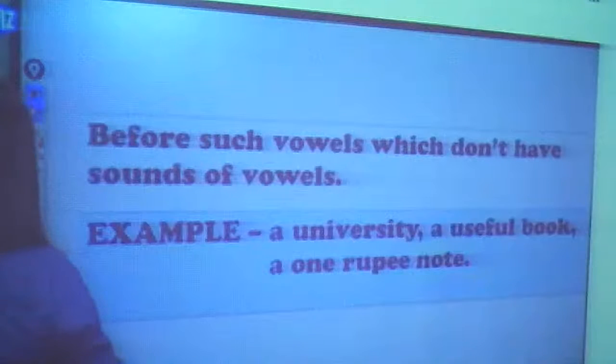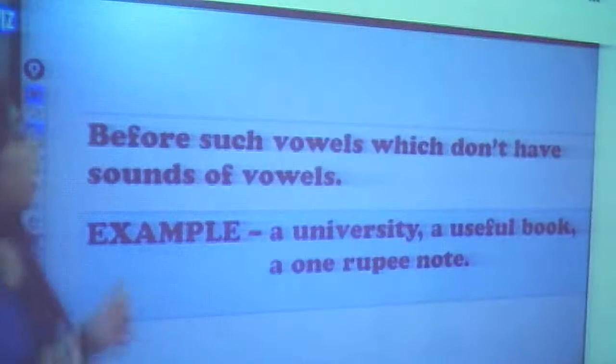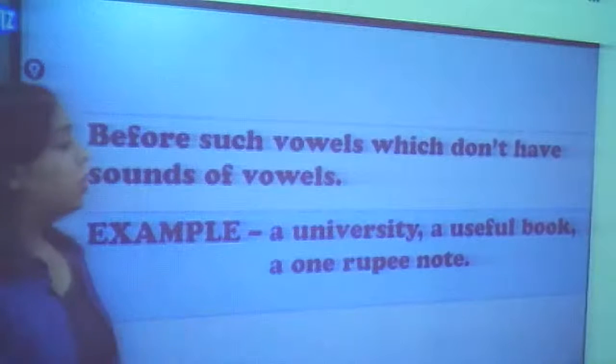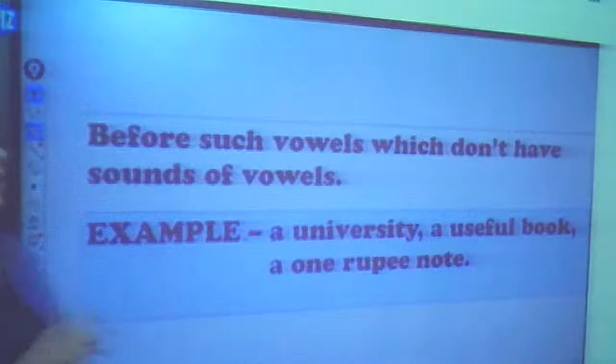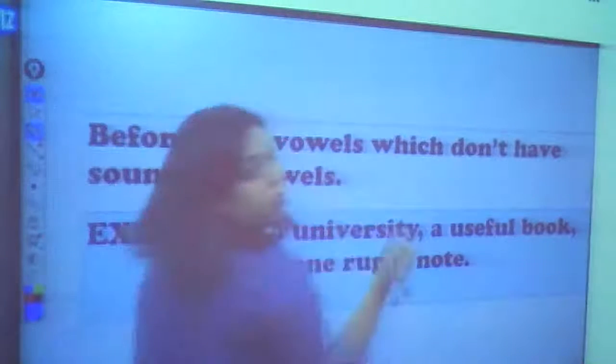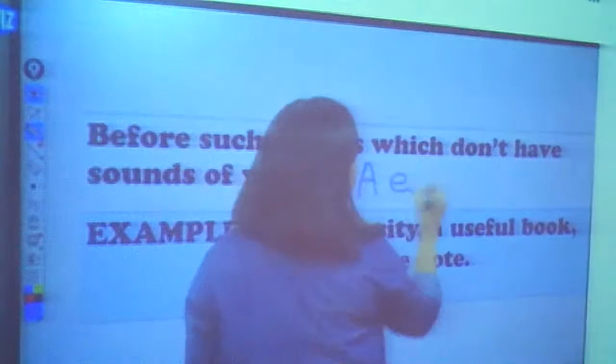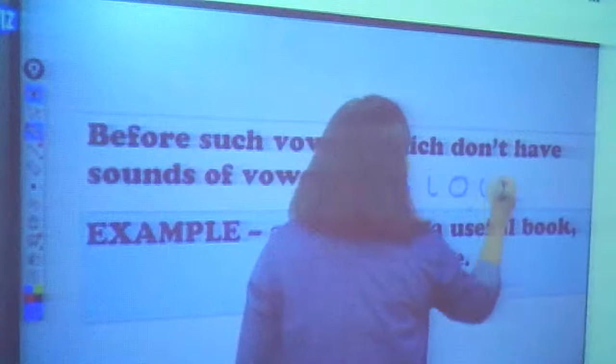We'll read about more uses of the article a. Now, article a is used before such vowels which do not have the sound of a vowel. You will see that there are some words which begin with vowels. Repeat after me: what are the vowels? They are A, E, I, O, U. These are the five vowels.